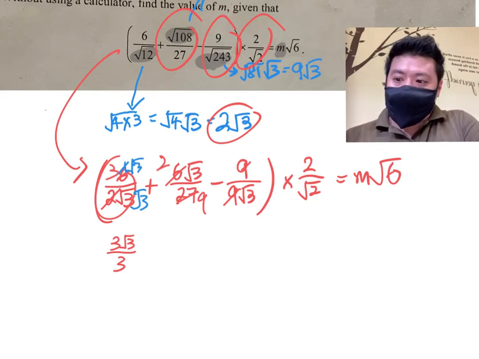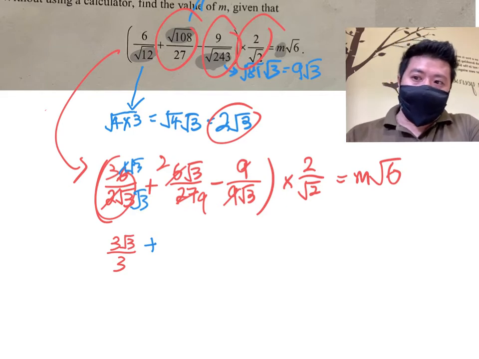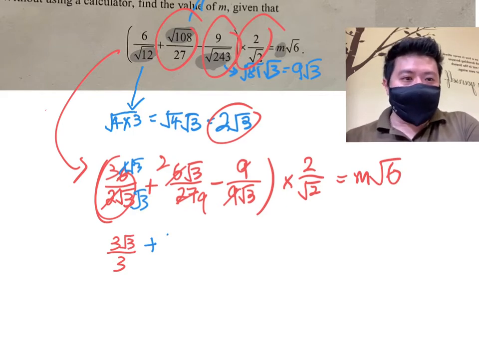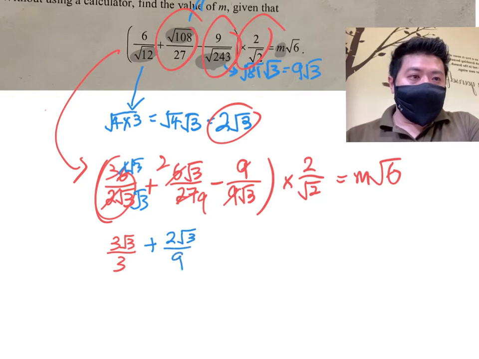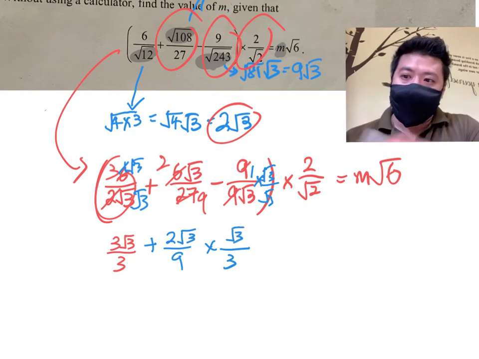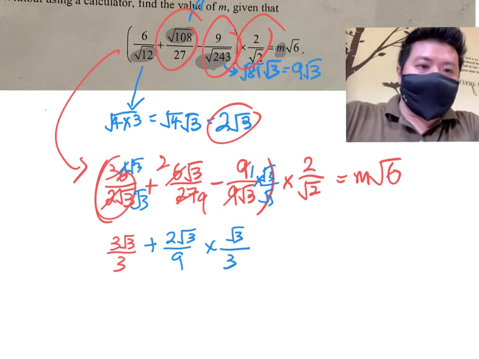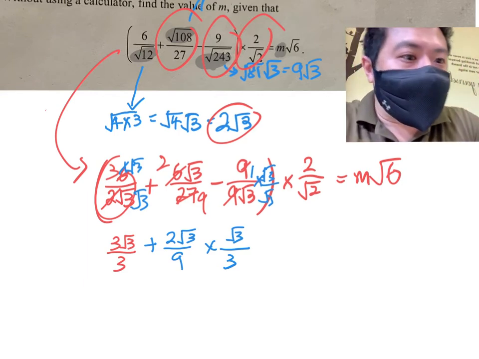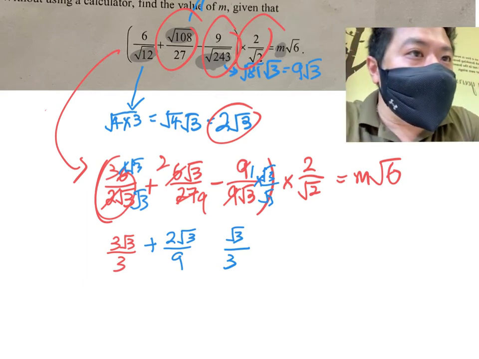For the second portion, I got 2 square root 3 over 9. For the portion 1 over square root 3, I multiply by square root 3 over square root 3 to rationalize it, so I have 3 at the bottom and square root 3 at the top. Oh, sorry, this is a careless mistake. It is not a minus, this is a plus.